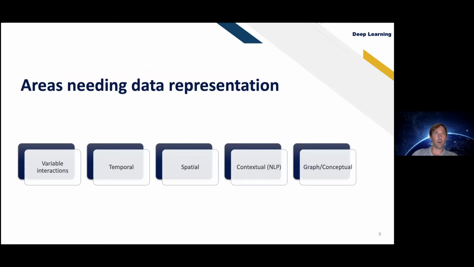Can I build components into the model that would account for those interactions? The other thing that we don't often handle when building models or making predictions is the temporal aspect of data, but it's a big component of what we do and how we make decisions.